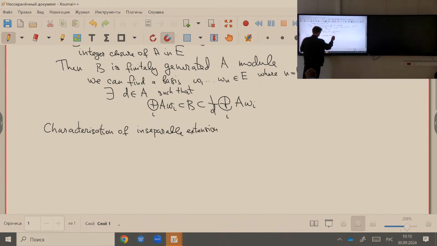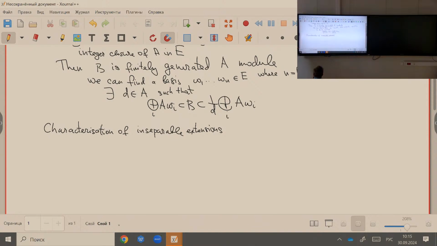When we consider number theoretical problems, of course, these are extensions of Q, so there is no reason to speak about inseparable extensions. However, there are situations where most of the technical theorems that we are discussing are true in a larger setting.